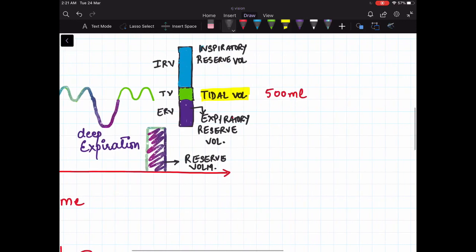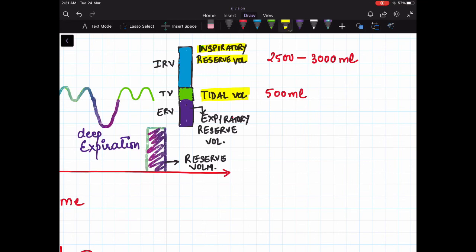This is inspiratory reserve volume. And how much is the inspiratory reserve volume? It turns out to be approximately 2500 to 3000 ml. All of these are NCERT figures. All of these values are values of the NCERT textbook.